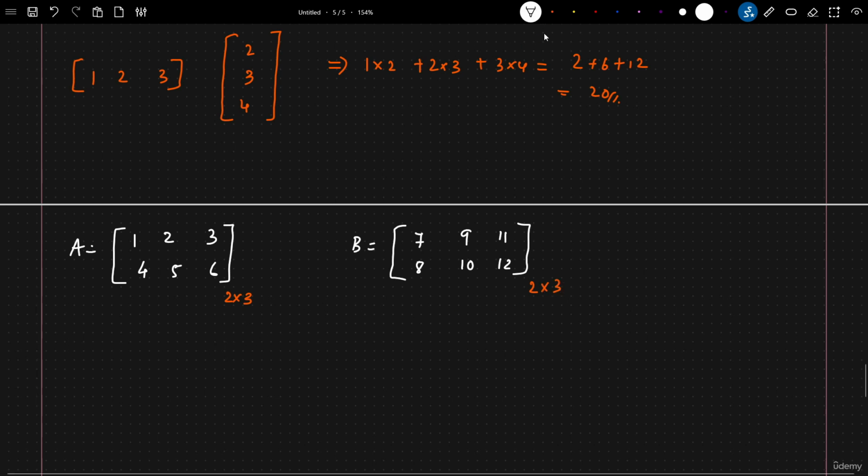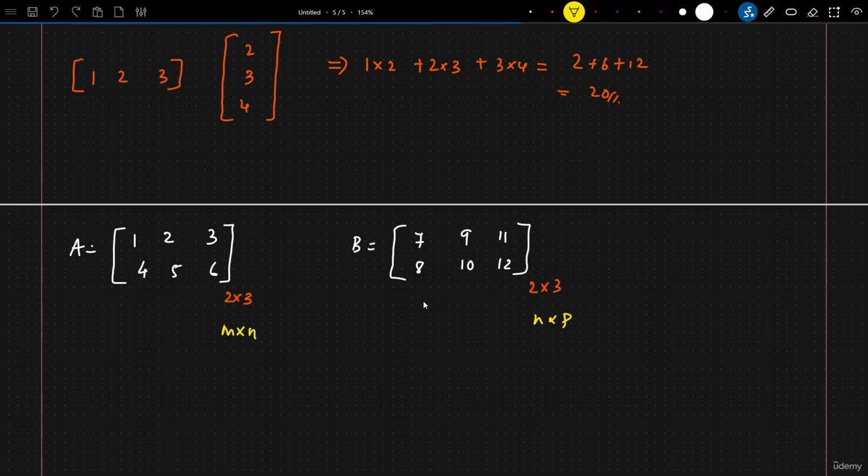Now the condition for matrix multiplication is, if this is M cross N, the other should be N cross P. The number of columns should at least match the number of rows. But right now that is not the scenario, and obviously this is not holding true. So definitely we cannot multiply them.